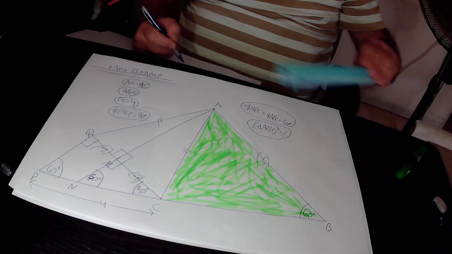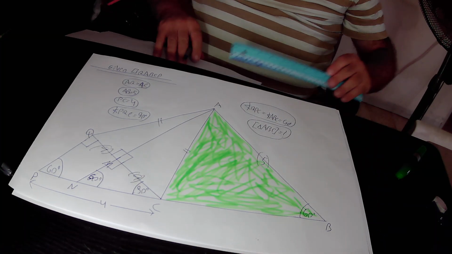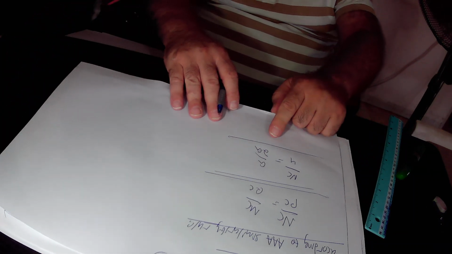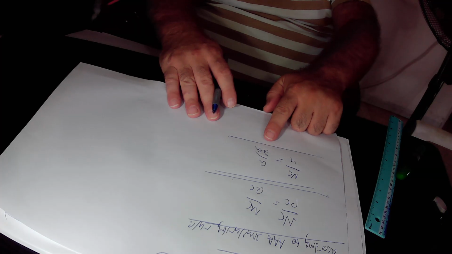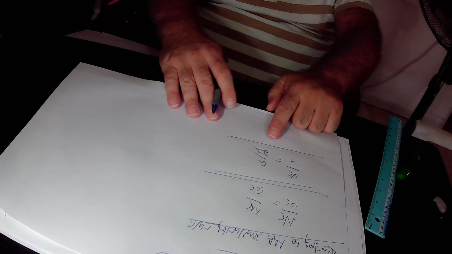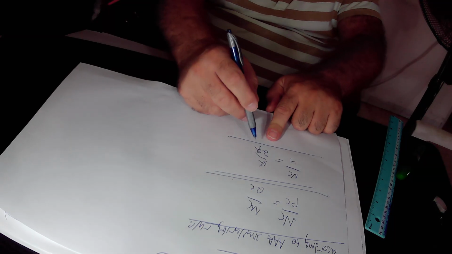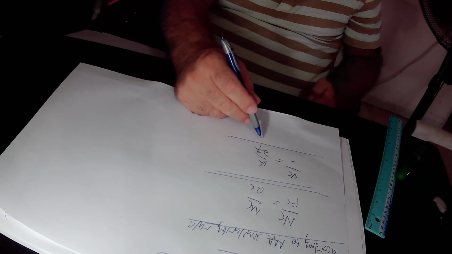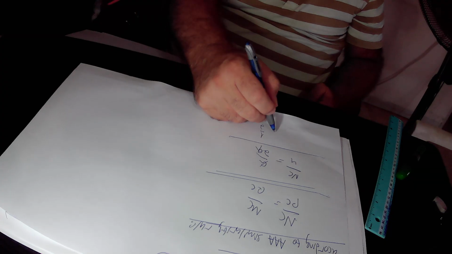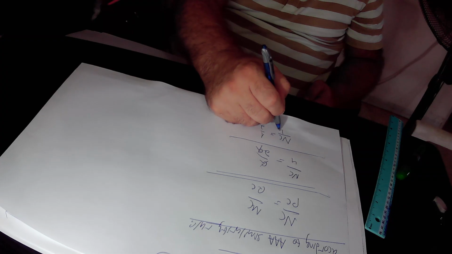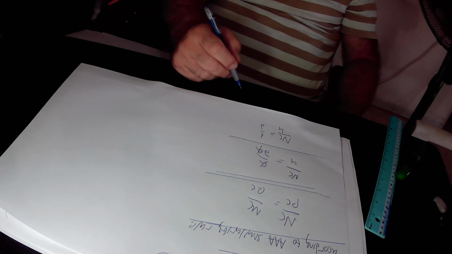So in total, we found out that NC over 4 equals A over 2A. Here we have A in the numerator and A in the denominator, so A will get cancelled. We are left only with 1/2. So NC over 4 equals 1/2.